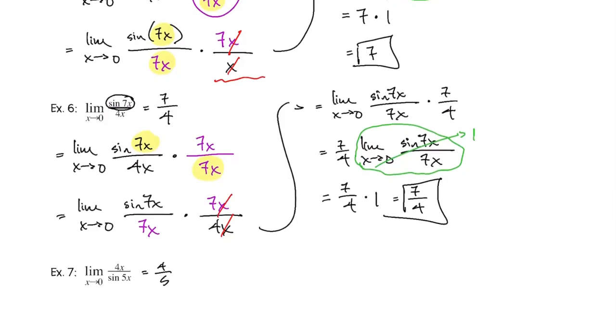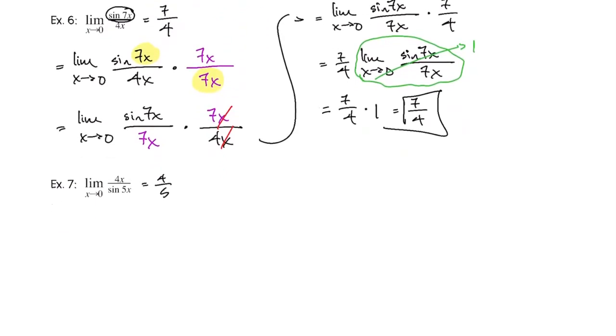All right. Well, let's take a look at example 7. Okay. So example 7 here. Well, we are looking for our sine of 5x. So that means at some point I need a 5x in order to be able to use this rule.